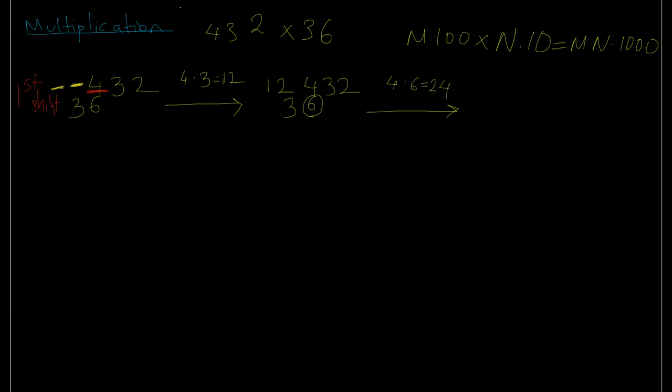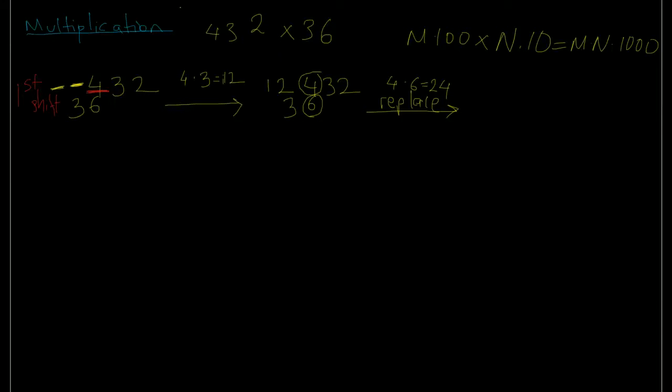Now we are going to replace this digit with 24. If the result here were a single digit, we would simply replace 4 by that digit. For example, if it was 4 times 2, the result would be 8, and we would replace 4 by 8.